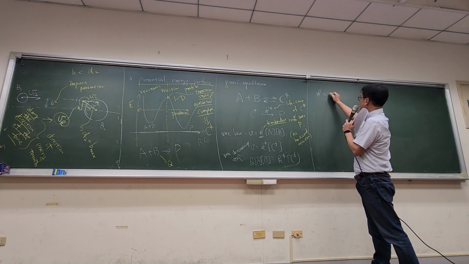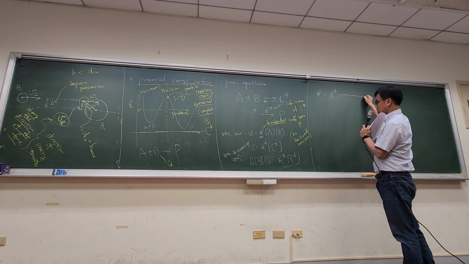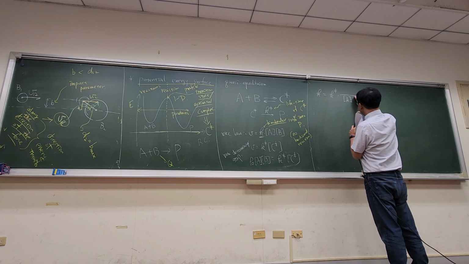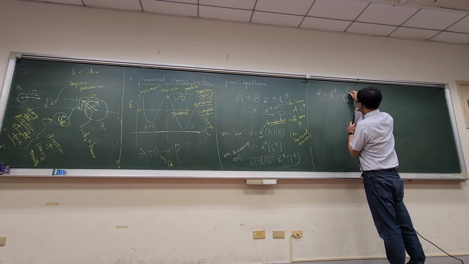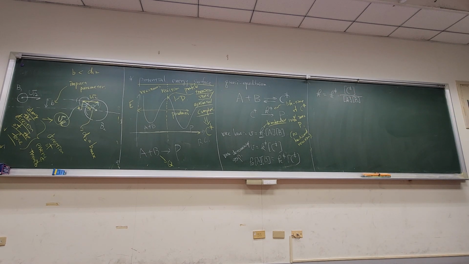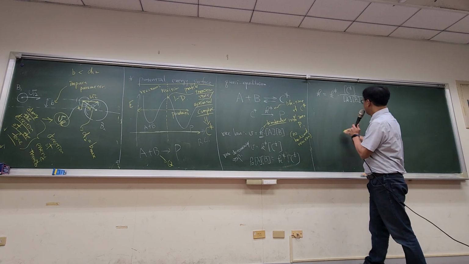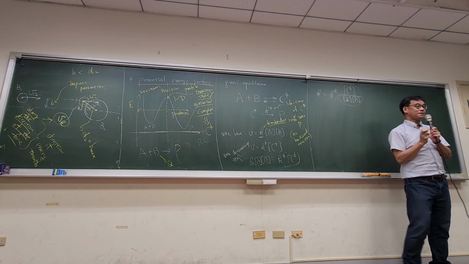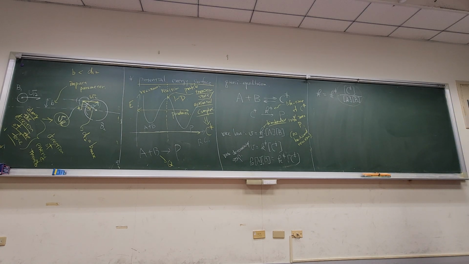So the rate constant will be K double dagger times the ratio of C double dagger to A B. And you see, this is something like an equilibrium constant, right? So let's try to calculate this.